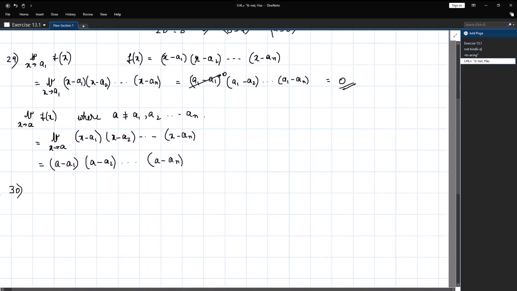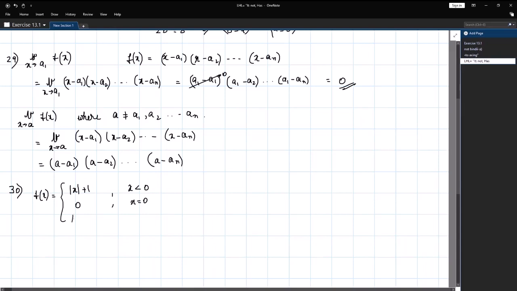Question number 30. So given that f of x is defined as mod x plus 1 for x less than 0, f of x is equal to 0 if x is equal to 0.